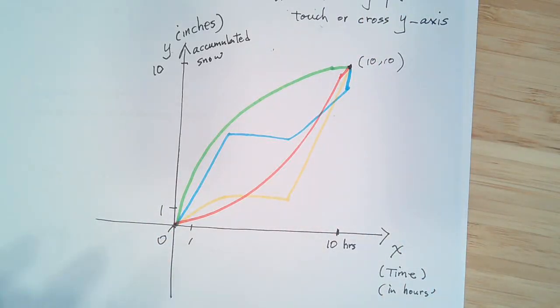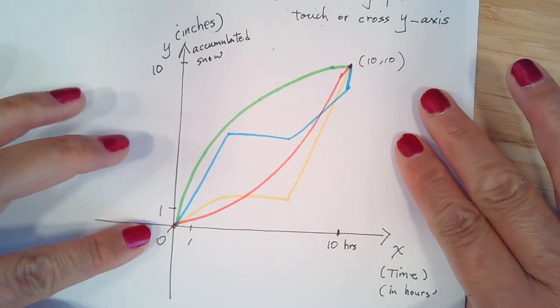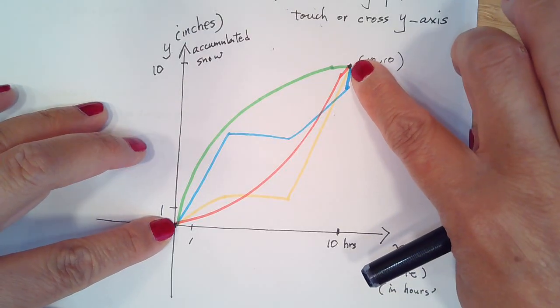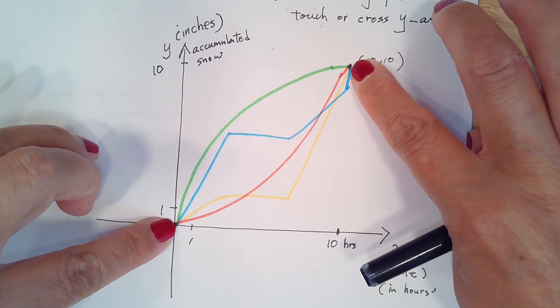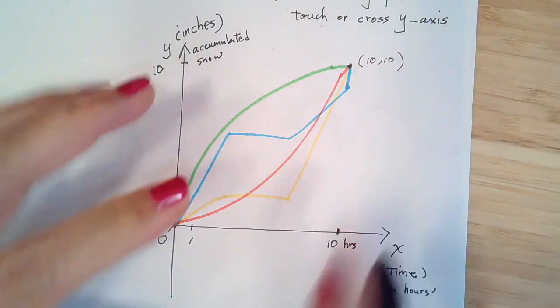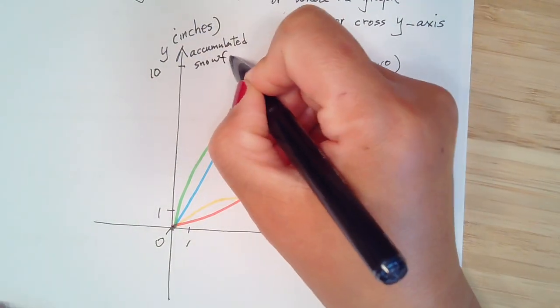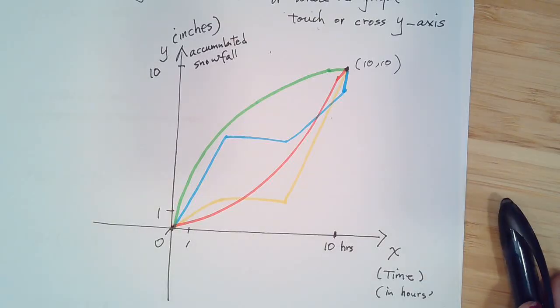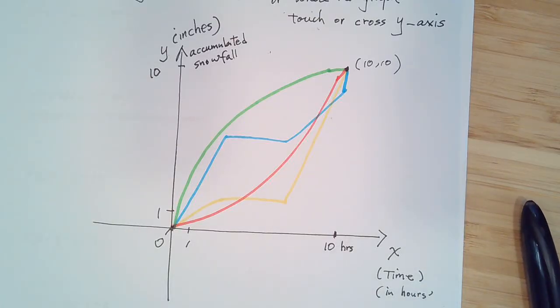So even for these 4 cities, their starting time and their ending time are pretty much the same in the 10-hour window. Their accumulated snowfall was like 10 inches. However, if you see the pattern, you can see that very clearly from this picture. Okay, so that's what I mean, graph smart.